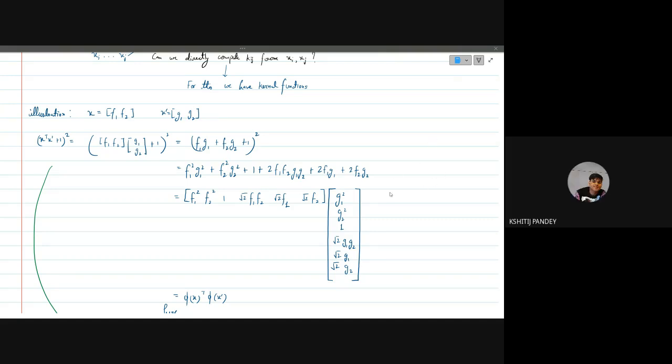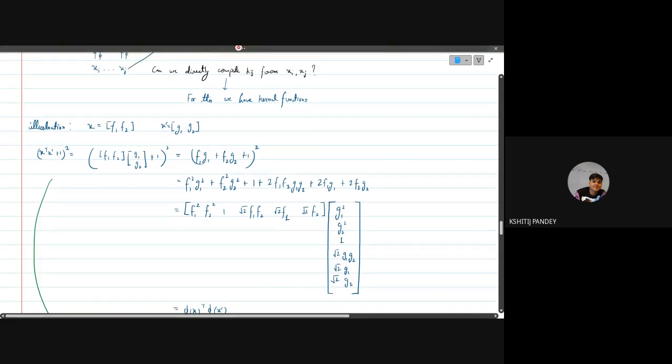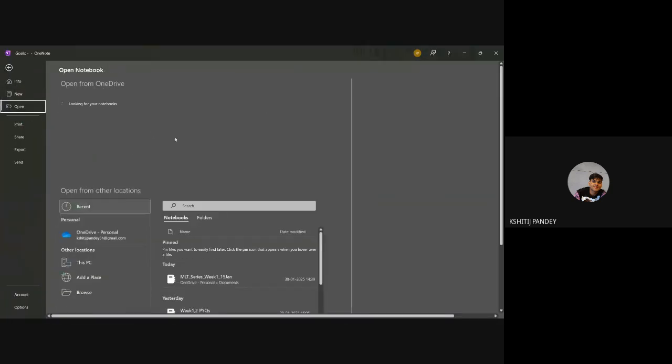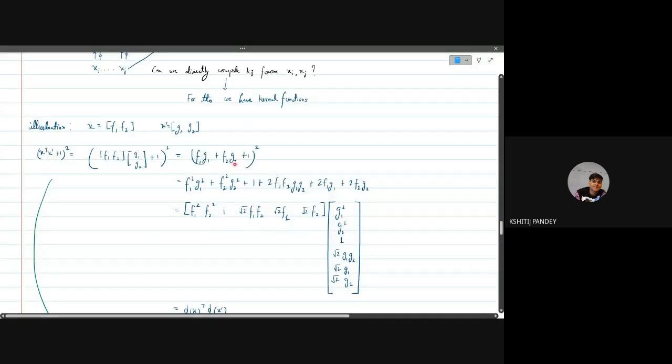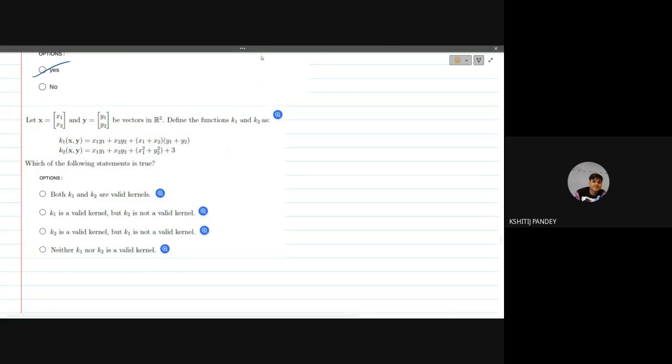Okay, let's look at that. Screen got stuck. Okay, now the question is how do we break the function into two vectors?